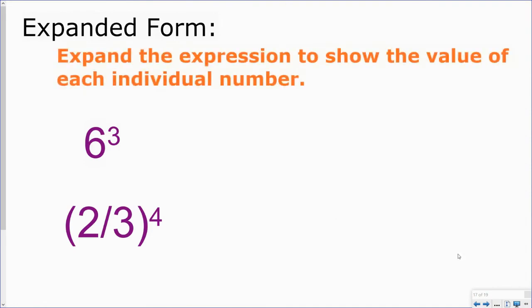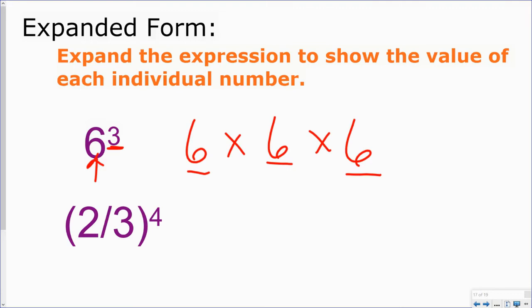Now I'm going to talk about expanded form. So expanded form is when I write the expression to show the value of each individual number. So here I have my base of 6, my exponent of 3. So again, I'm taking 6 multiplied by 6 multiplied by 6. I have my base number of 6, and I'm multiplying it by itself 3 times.